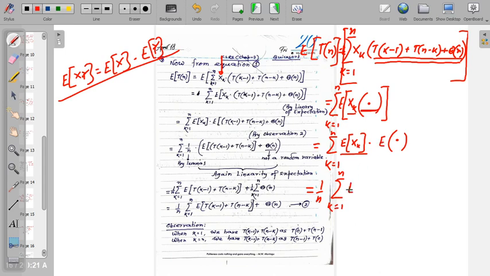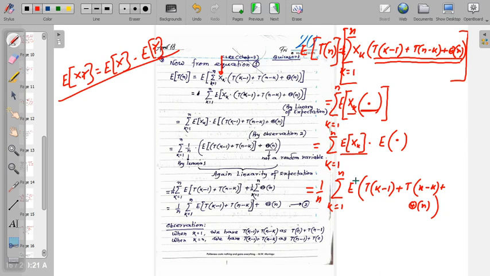Now this expectation, I am writing it right now: T of k minus 1, plus T of n minus k, plus theta n. So slowly and gradually all these things are getting simplified. I'm moving slowly so that you can comprehend all the steps I am deducing.